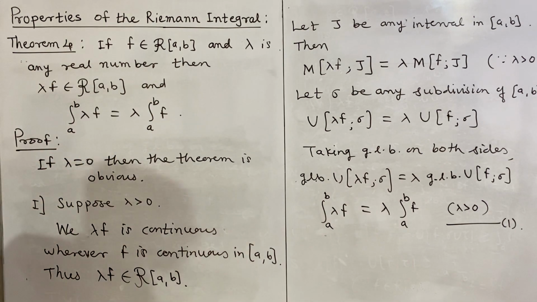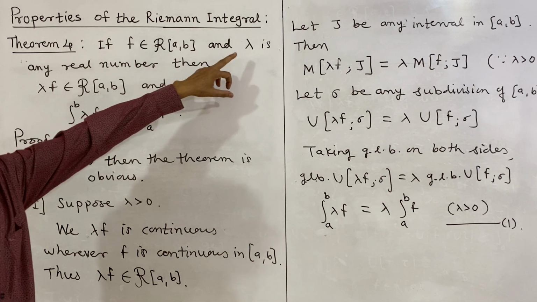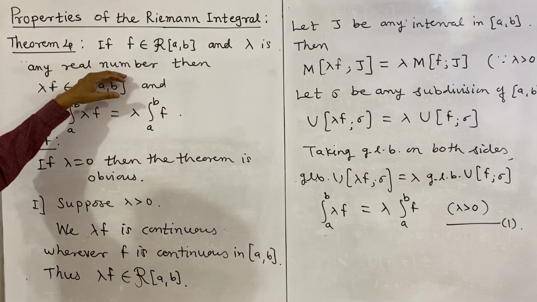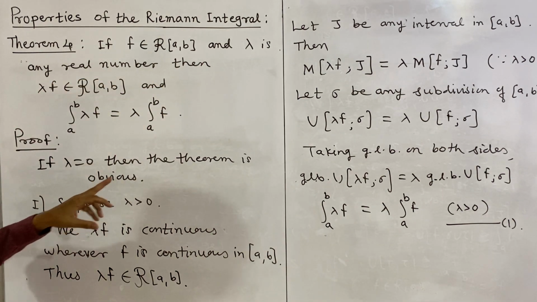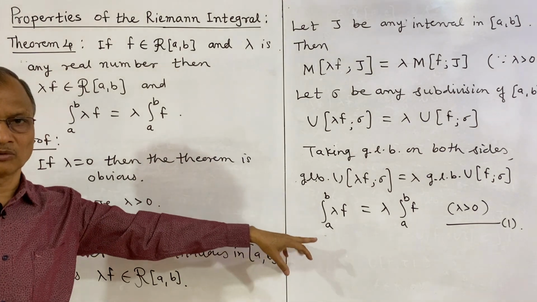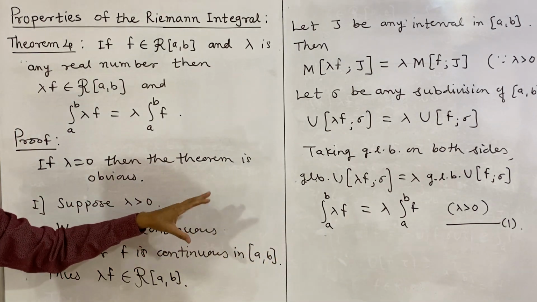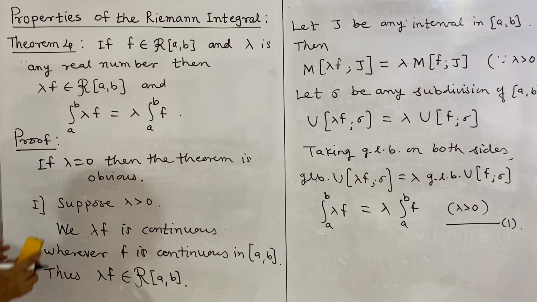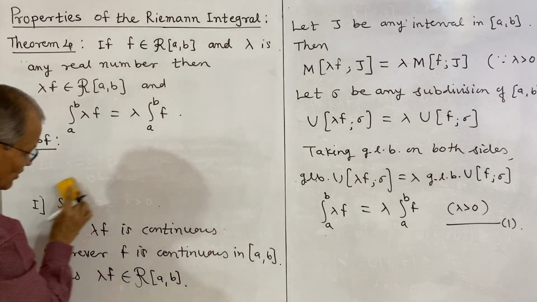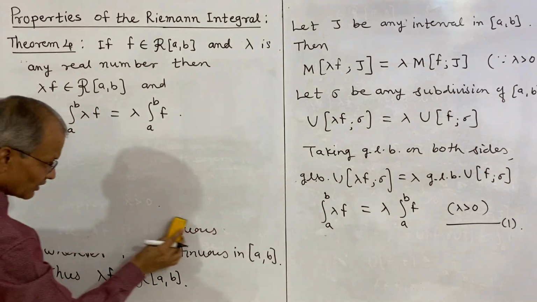Now we have proved the result for lambda greater than 0, but the result must be proved for any non-zero real number. For 0 it is obvious. Now we shall prove the result for lambda less than 0, and for that purpose we can assume mu, another constant which is negative.